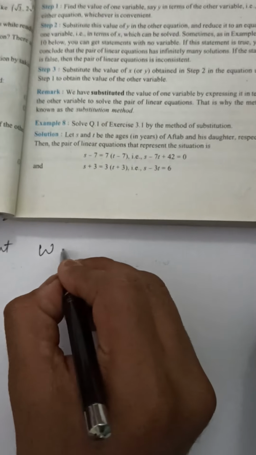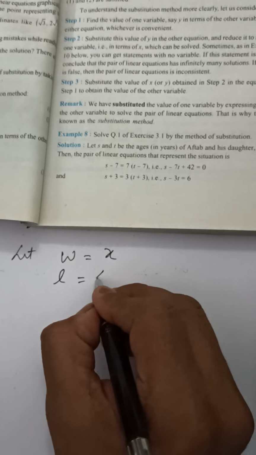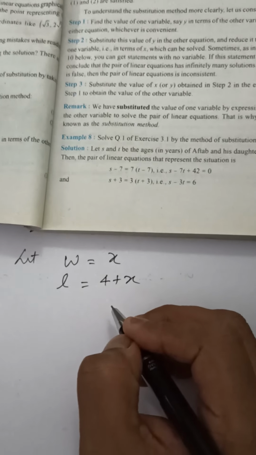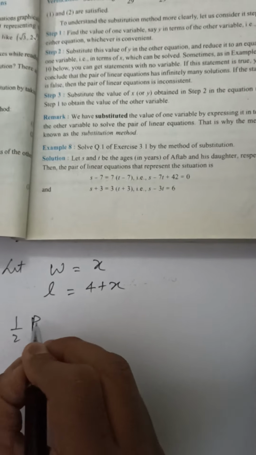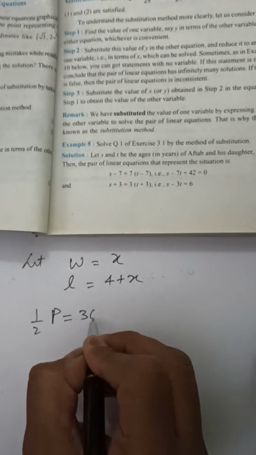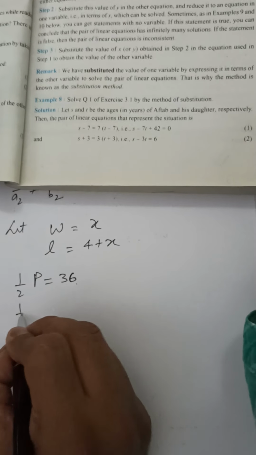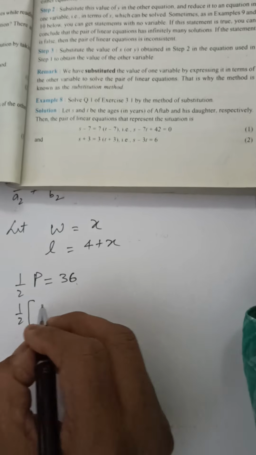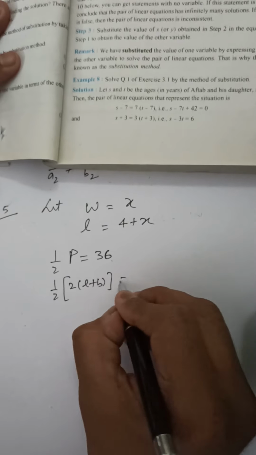Half the perimeter of a rectangular garden whose length is 4 meter more than its width. So we say let width be x. So length is 4 meter more than its width. Now it says half the perimeter of a garden is 36. So half the perimeter of a rectangular garden is twice length plus breadth is 36.